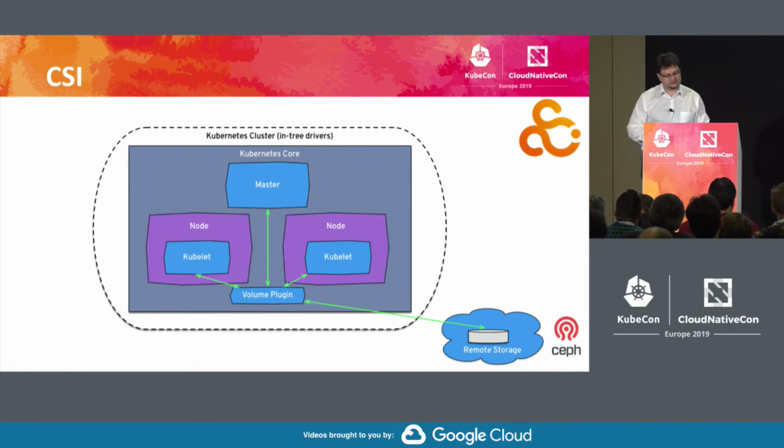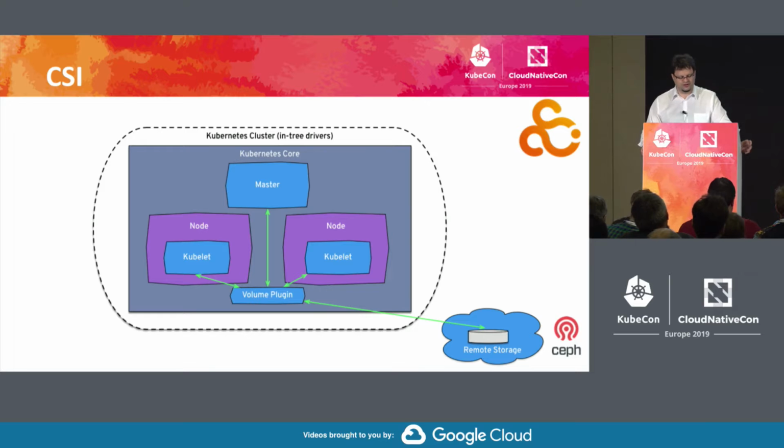Maintaining plugins in-tree can also be painful for vendors, as they have to keep up with Kubernetes' fast release tempo, may have to backport fixes, and, not that I'm complaining here, they may have to open source their code. Of course, the remote storage in this picture could be AWS EBS, Google Cloud PD, or anything else that has an in-tree driver, but obviously in this session we like Ceph, so the example is Ceph-based.